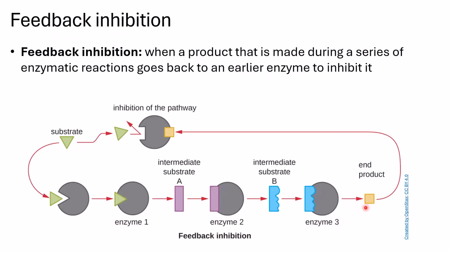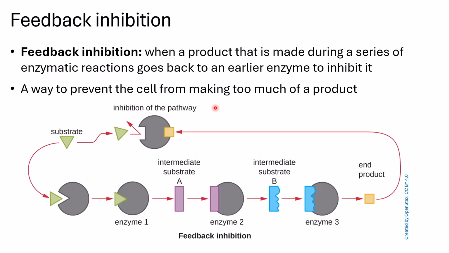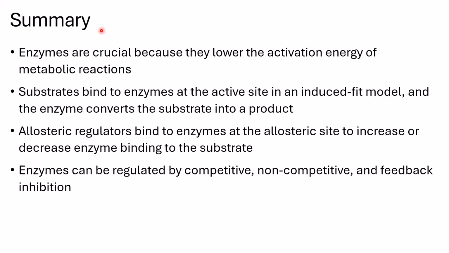As the amount of this product builds up over time, it will start binding to the allosteric site of enzyme 1 in the pathway. This prevents the first substrate in the series of reactions from binding to enzyme 1, stopping the production of the final product. Feedback inhibition is often used to prevent the cell from making too much of a product and maintain balance.